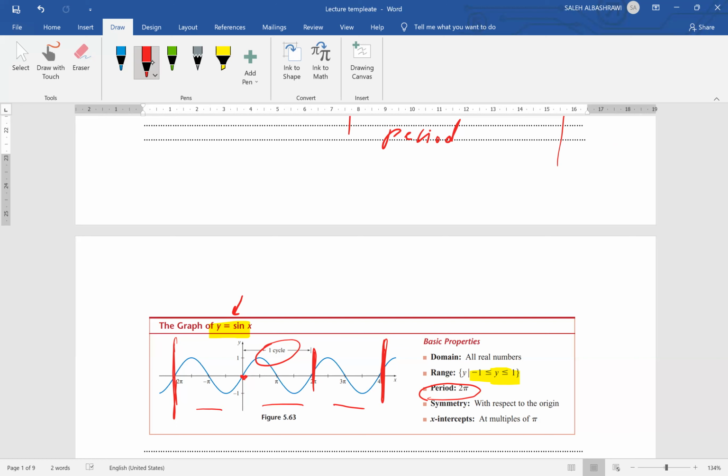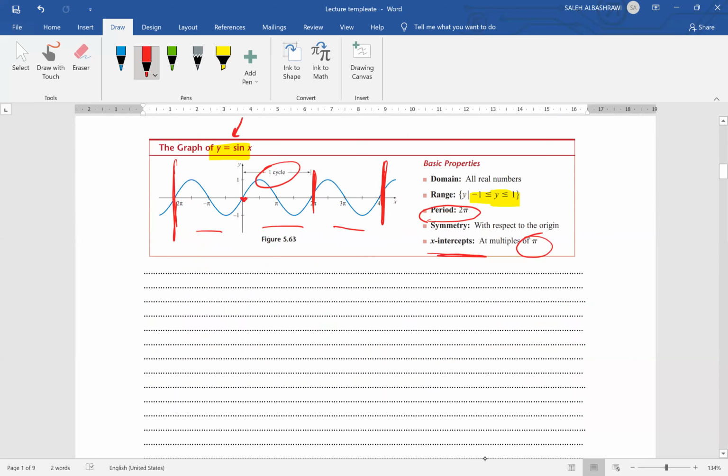And x-intercepts are all multiples of pi. It means 0, 1 pi, 2 pi, 3 pi, 4 pi, and -1 pi, -2 pi, -3 pi. All of these will be the x-intercepts for the sine function.